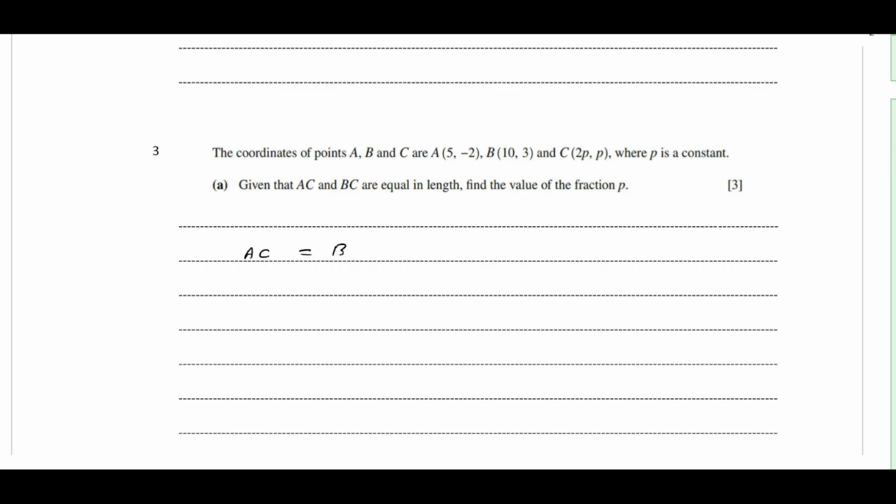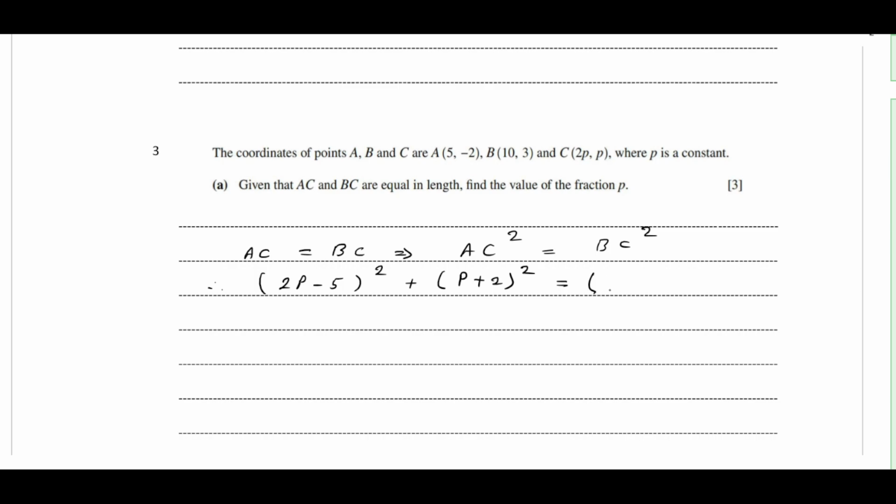So AC equals BC, which implies that AC square will be equal to BC square. Applying the distance formula, AC square is 2p minus 5 the whole square plus p plus 2 the whole square, and this is equal to BC square.